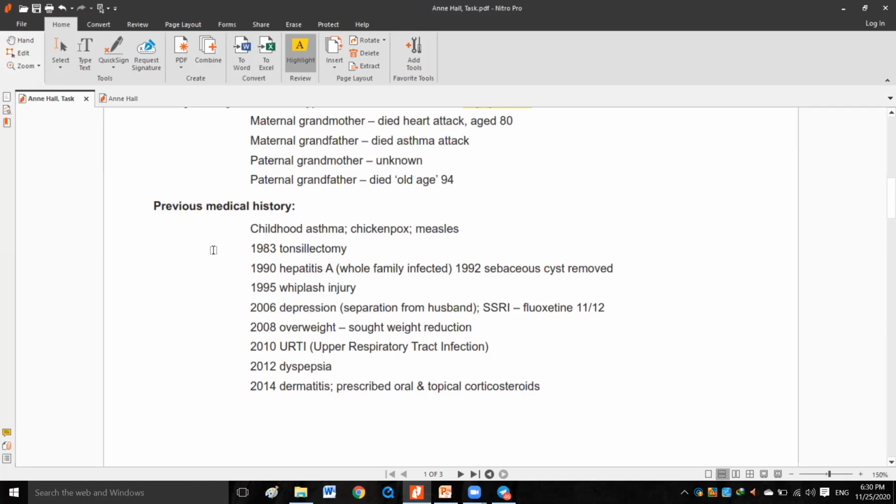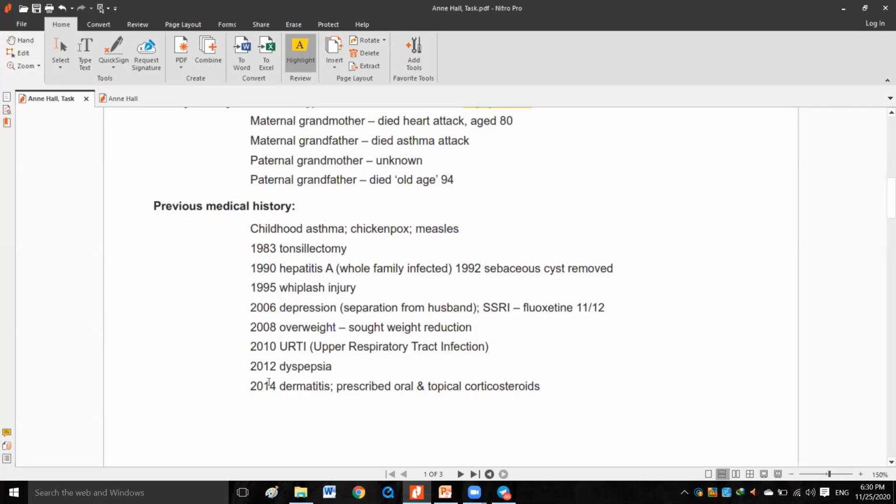Whiplash injury irrelevant. Depression in 2006 is very far, so maybe it is irrelevant. 2008 overweight without weight reduction, so weight reduction is irrelevant. Upper respiratory tract infection irrelevant.